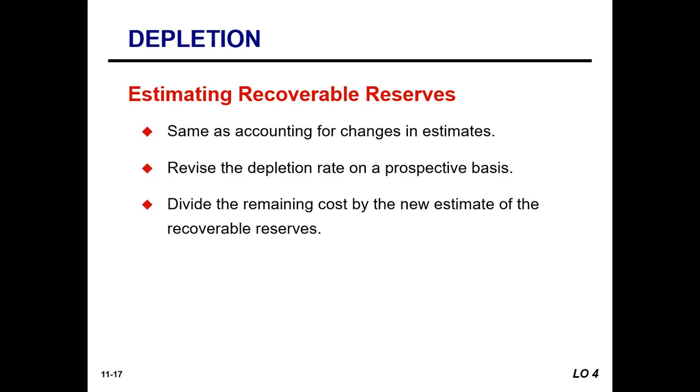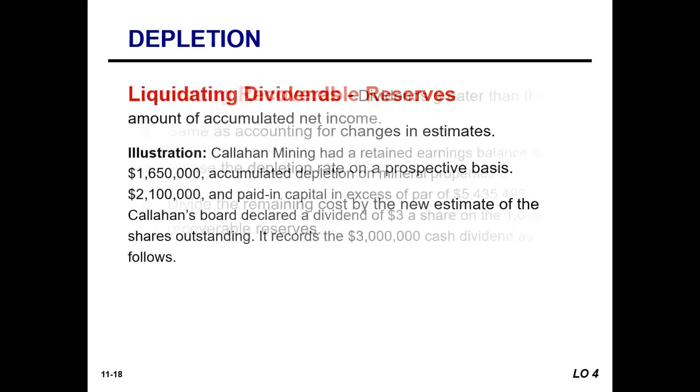So it says revise the depletion rate on a prospective basis. Again, we don't have to go back in time. We just have to calculate our numbers based on the revised depletion rate, and divide the remaining cost by the new estimate of the recoverable reserves.